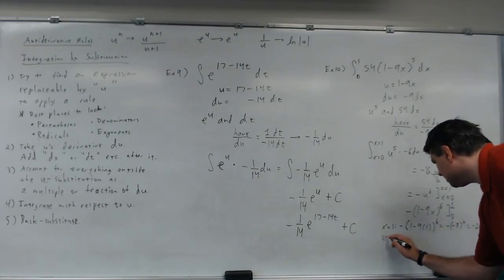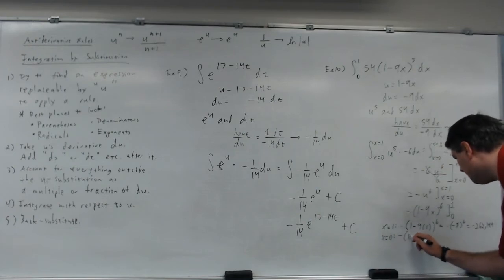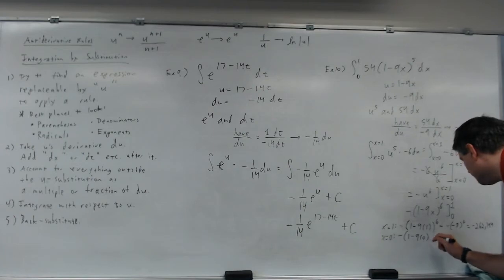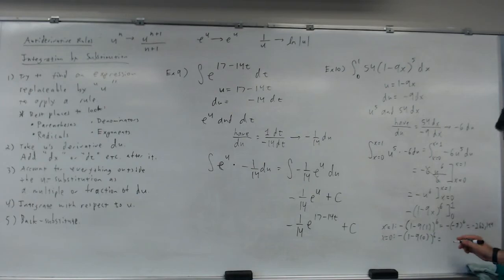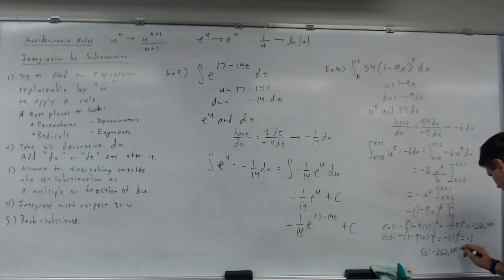At x equals 0, I'm going to have negative 1 minus 9 times 0, all to the 6th power. 1 take away 0 is just 1. So that's going to be negative 262,144 minus negative 1, which equals negative 262,143. And that is your final answer.